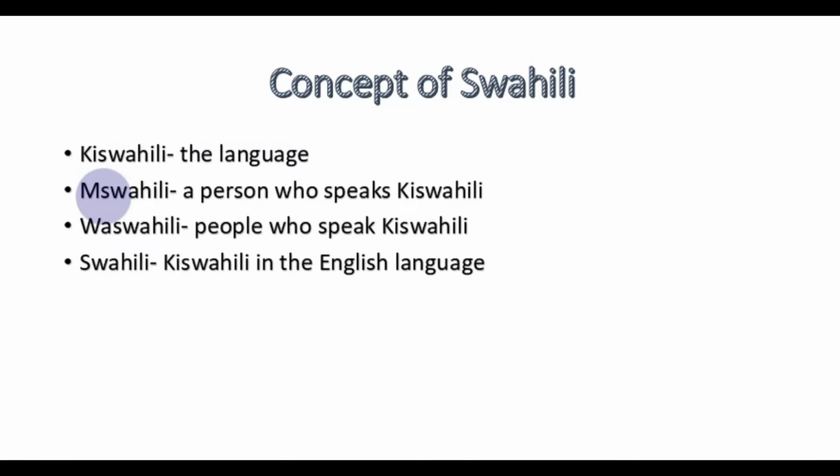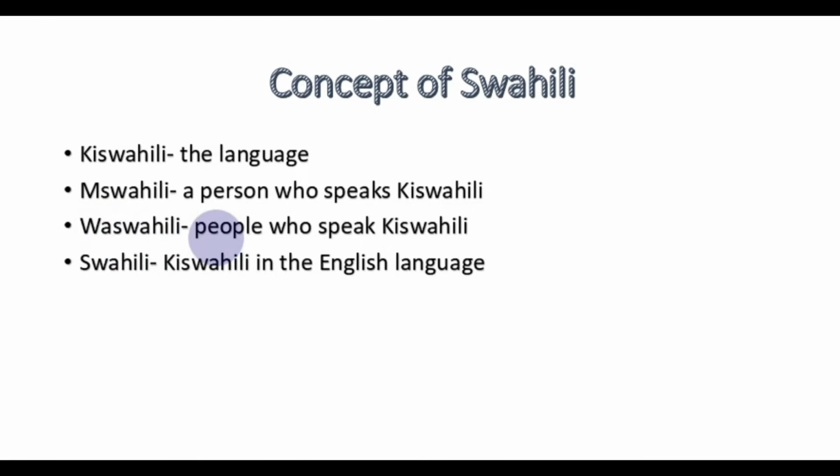And we also have Swahili. Swahili is a person who speaks Kiswahili. This is the person who speaks Kiswahili in singular, and in plural, when there are many, we call them Waswahili.